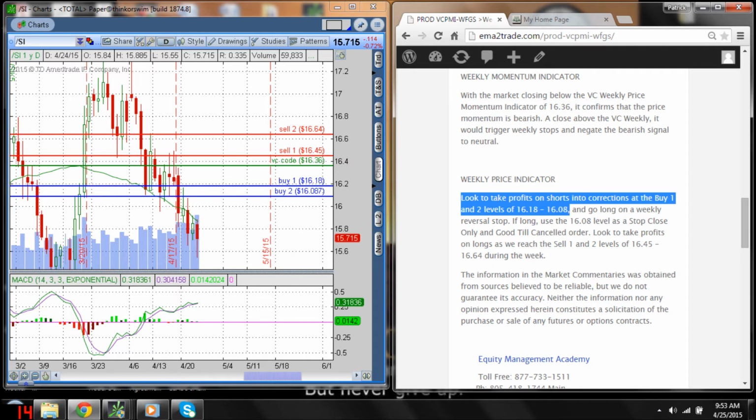The market is trading at 1566, so it is extremely oversold, and if you were to buy these levels on the swing trade, your stop would be 1608. 1608 is the target on the B2 level, and the expectation is that the market will move up towards that level and activate a buy signal.